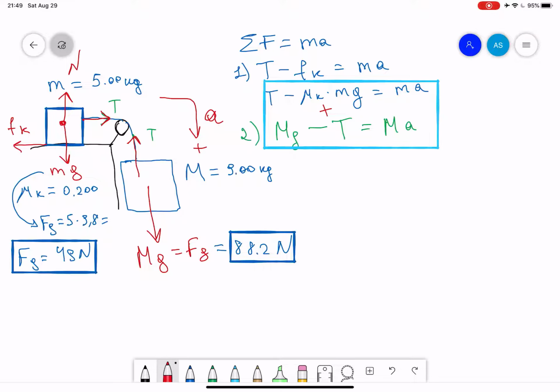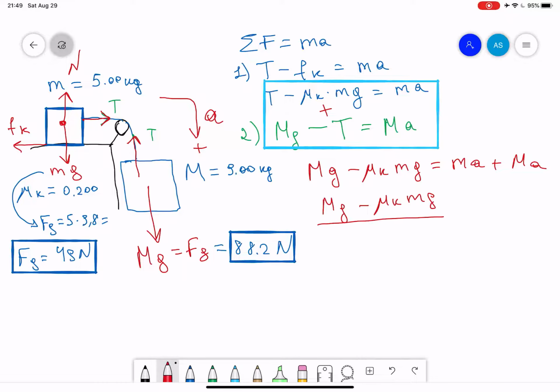So you get capital Mg minus mu k mg equal to ma plus capital Ma. Then capital Mg minus mu k mg, divided by small m plus capital M, is equal to the acceleration.